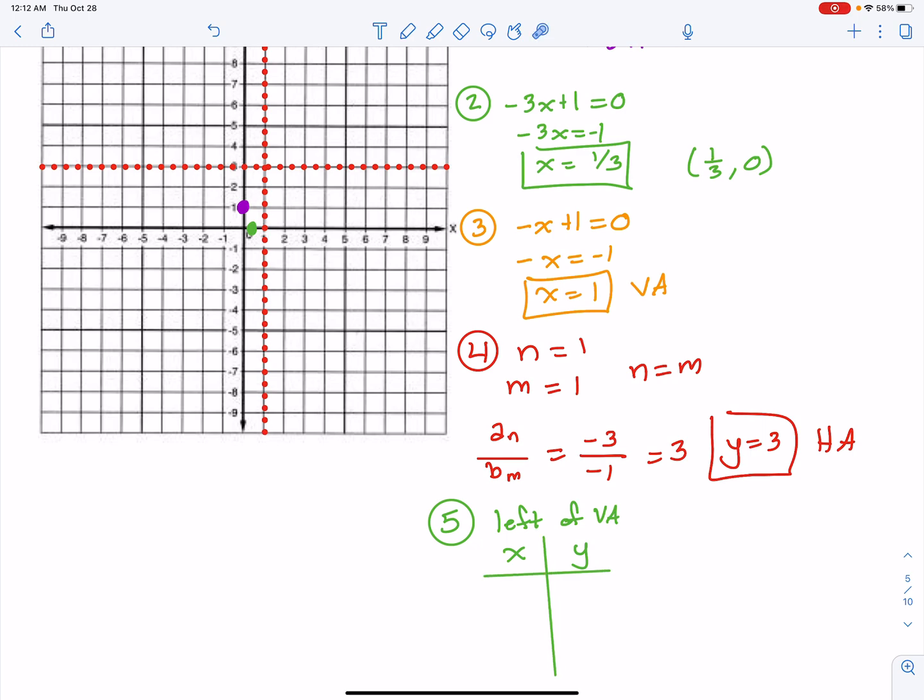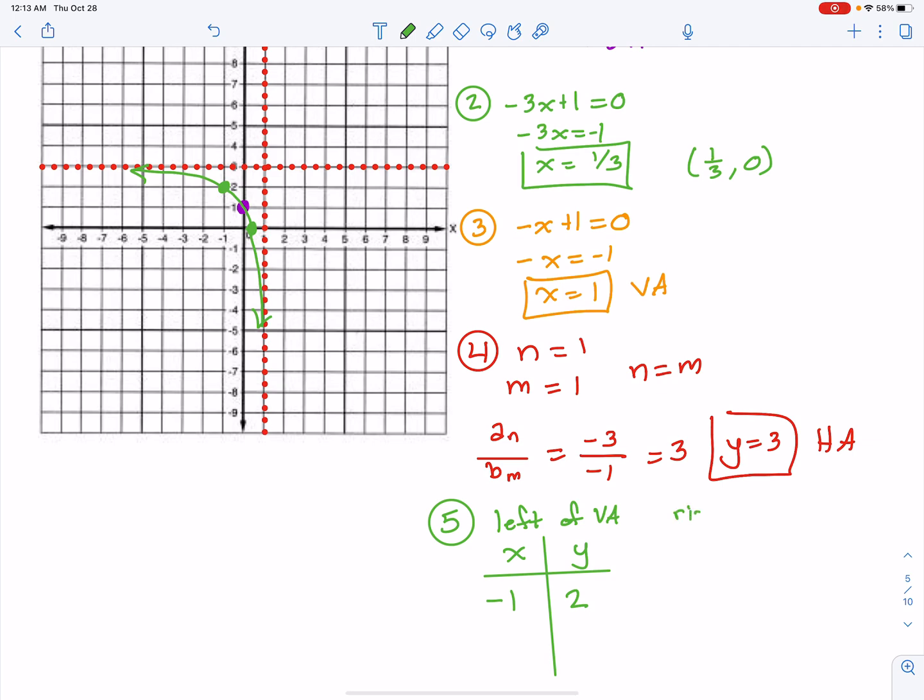We could pick -1. I've already got a couple points over there. If we plug -1 in, we'd get 2. So we can already really tell what's going on that side of our function. We're going to be coming up towards our horizontal asymptote here and down towards this vertical asymptote.